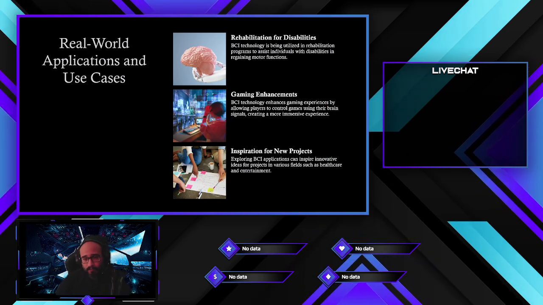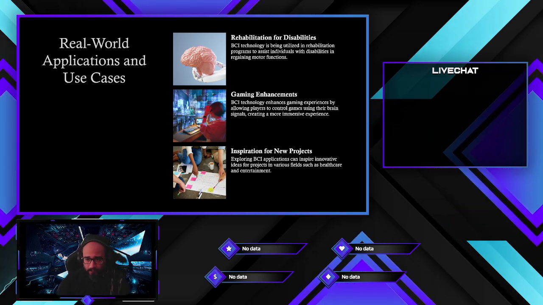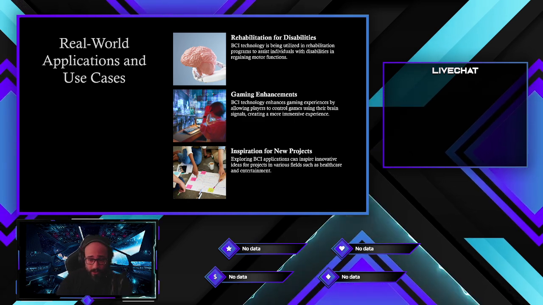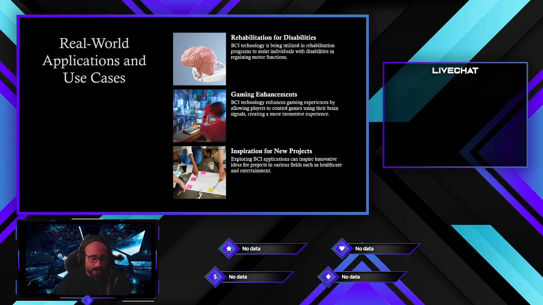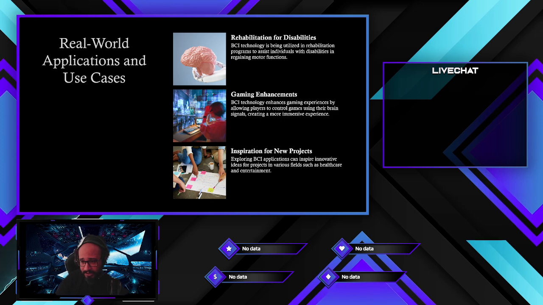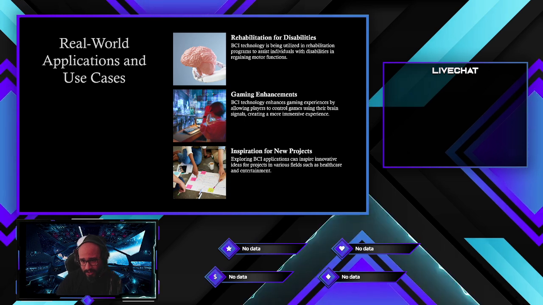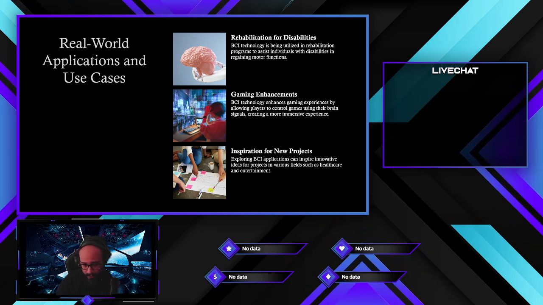So, BCI technology has a wide range of applications, from rehabilitation for individuals with disabilities to even enhancing the game experience. Even sometimes we see it in simulation or training practices. So understanding these use cases can inspire new ideas for your own projects.